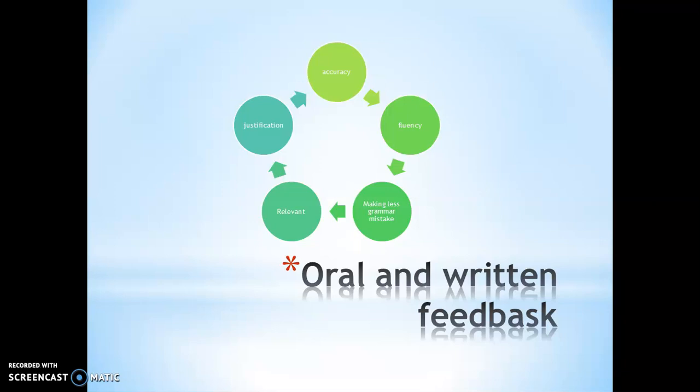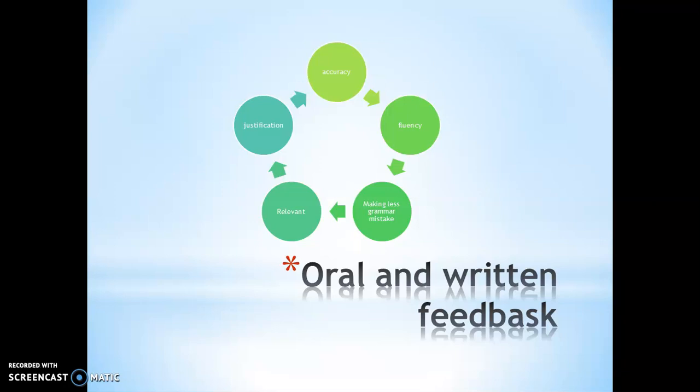Okay, but anyway, while we are giving feedback, whether oral or written, we may see these categories. The first, accuracy and fluency, making fewer grammar mistakes. While we explain, the learner next time will not make this mistake again. And also feedback should be relevant.